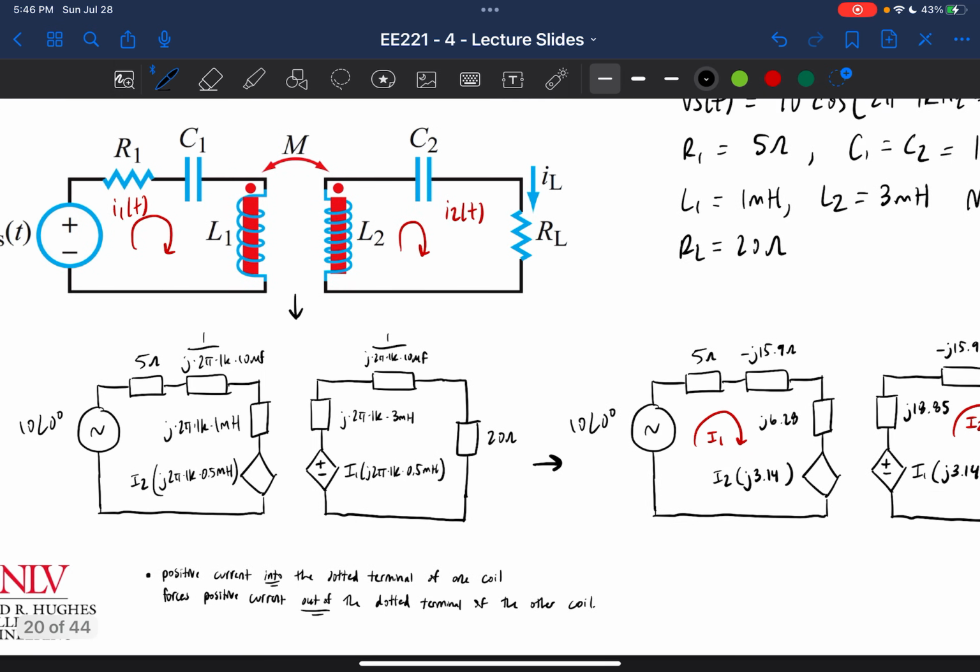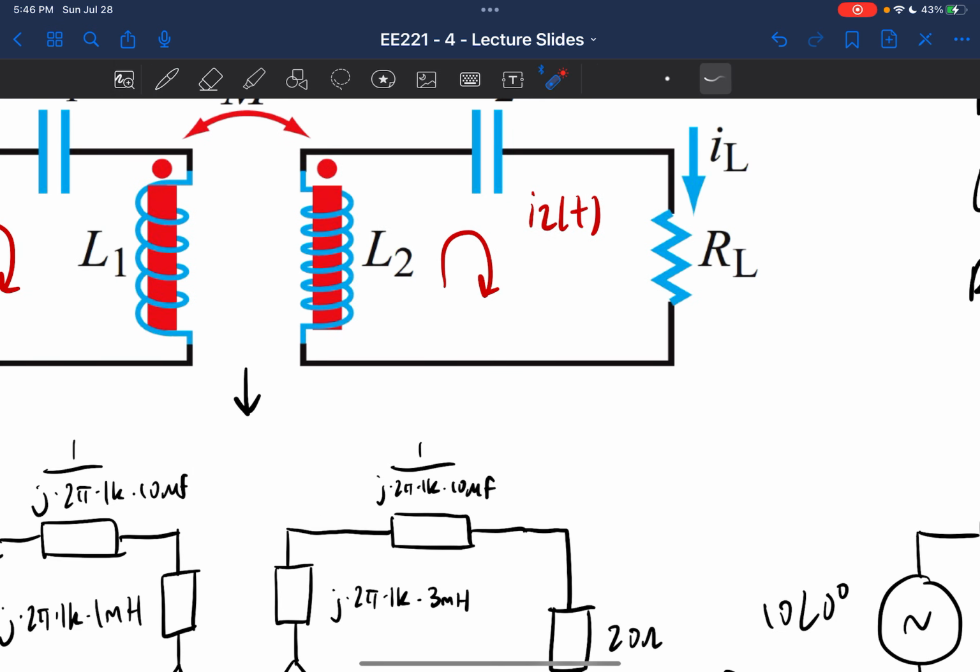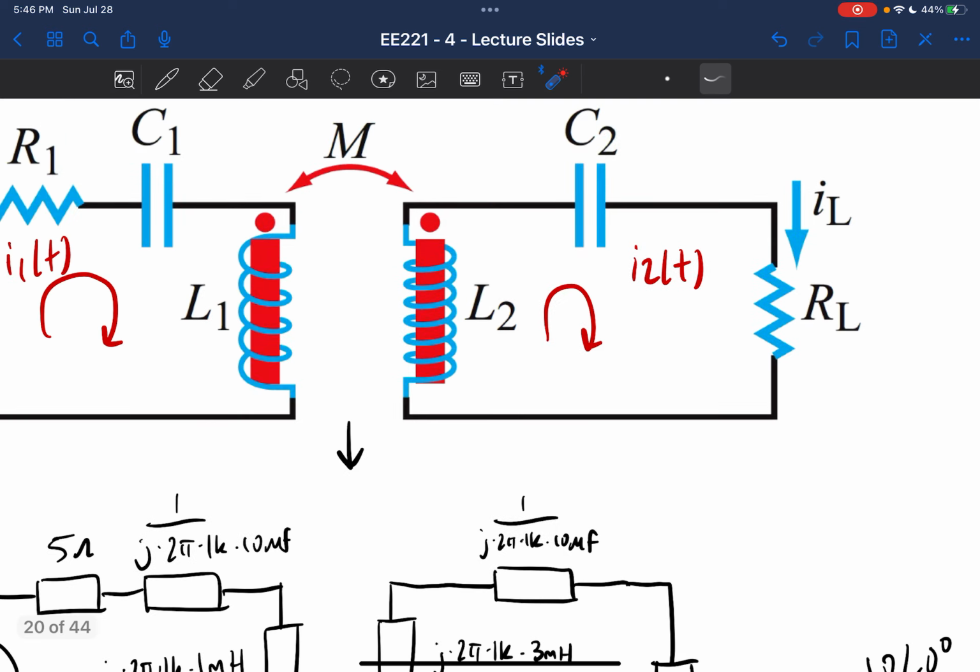Same goes for the other one, but we're going to look at I2. In this case, I2 is flowing in a direction such that it flows into the undotted terminal, out of the dotted terminal. Flowing out of the dotted terminal here means that it needs to force a current into the dotted terminal here, completely independent of I1. It's independent of I1, and dependent upon I2 in this case.